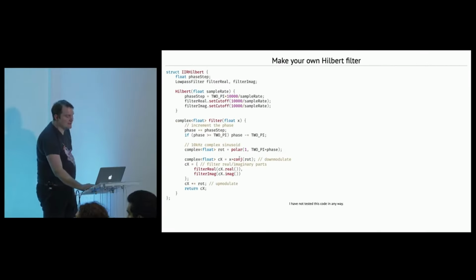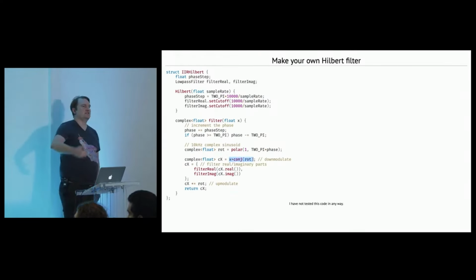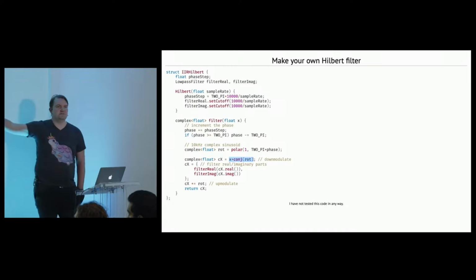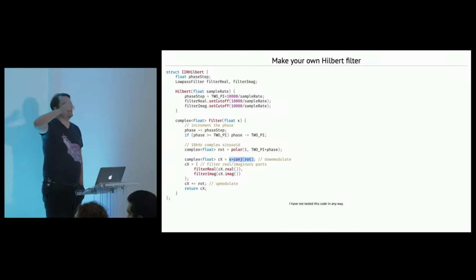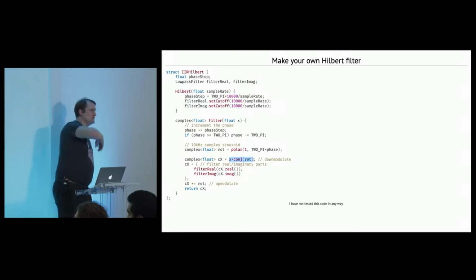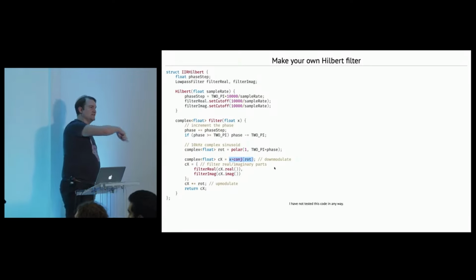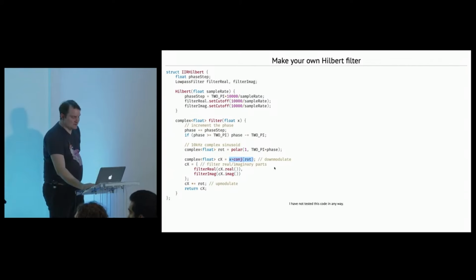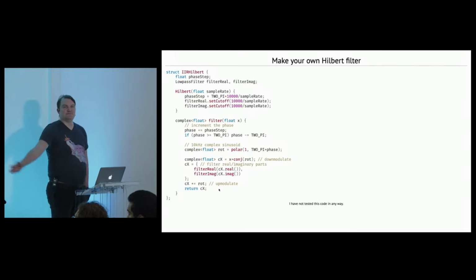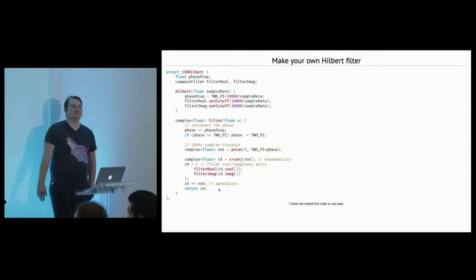We down modulate our input by multiplying it with the complex exponential. The conjugate function here flips the imaginary bit. It turns a positive 1 into a negative 1. So that's turning our complex sinusoid into the negative frequency. So we down modulate it. We apply 1 low pass to the real part, 1 low pass to the imaginary part, and then we up modulate it. And we're done. That's it.